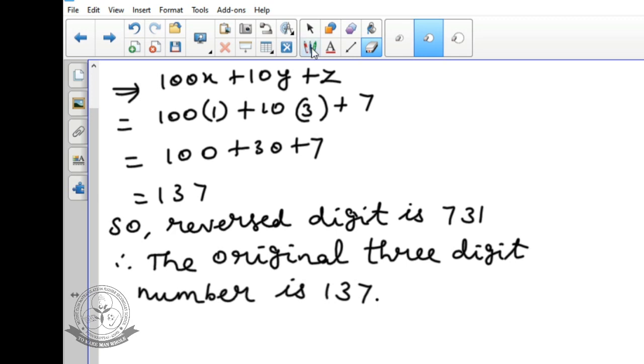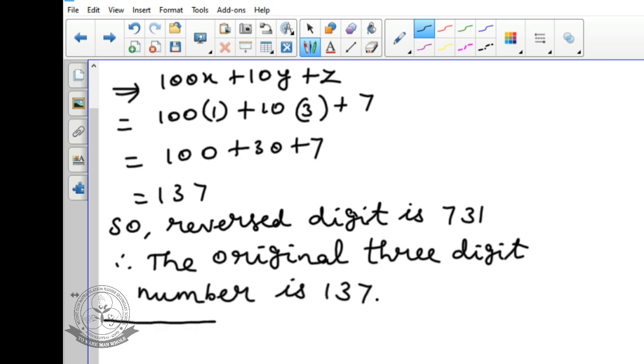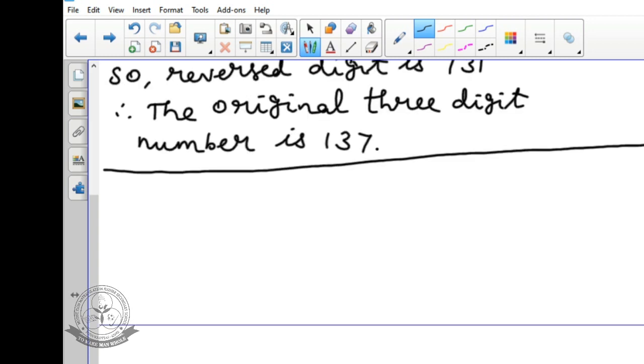So we can solve the equations and get the values of x, y, z. Again, substituting in 100x plus 10y plus z, we get the value 137. So the reverse digit is also 731. So our original 3-digit number is 137. Okay. This problem is also over. The next one, fifth sum.